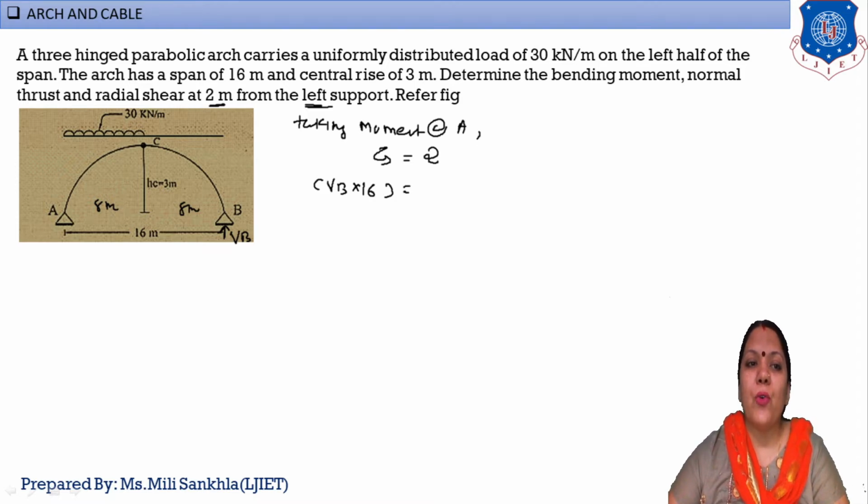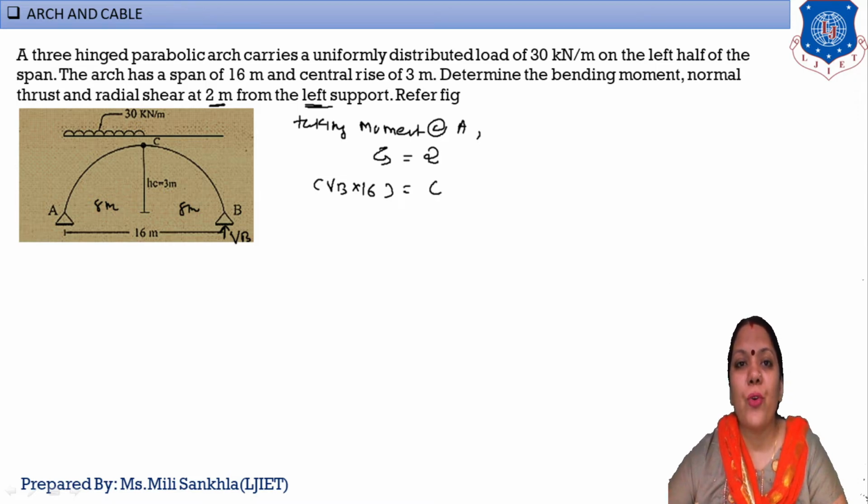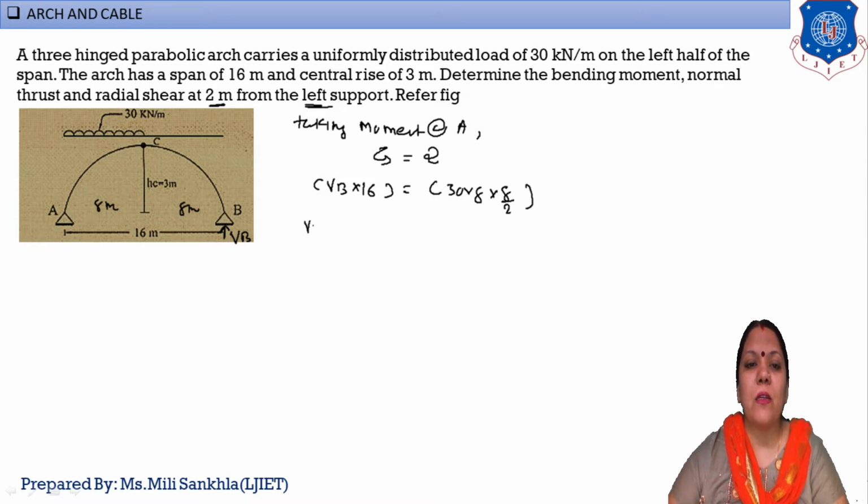This UDL load is rotating in the clockwise direction, and the moment of this UDL load is load into distance by 2: 30 into 8 into 8 by 2. Now my answer for VB is equal to 60 kN in the upward direction.